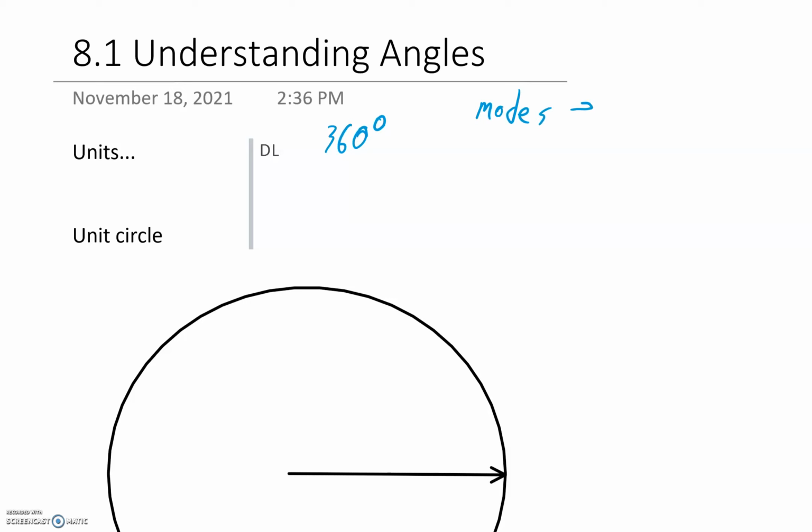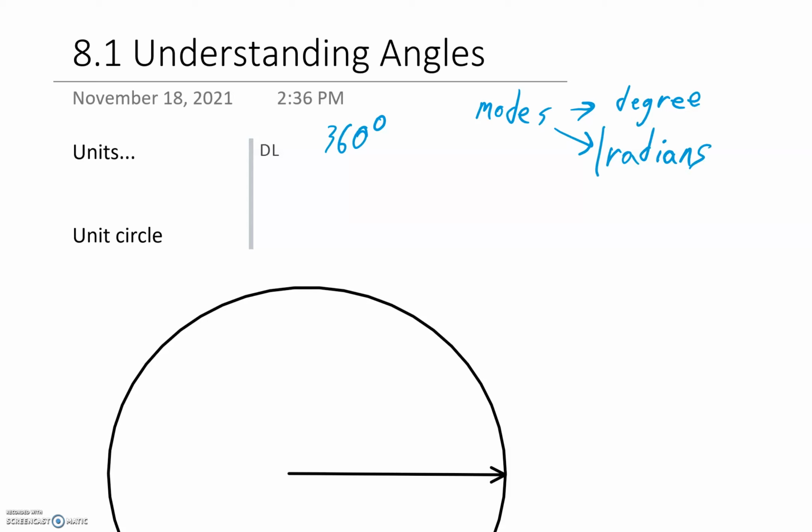They can be in degree mode, which is normal, or they can be in radian mode. Radian is another type of measurement specifically designed to measure angles and to do it easily so that we can work with angles without a calculator.